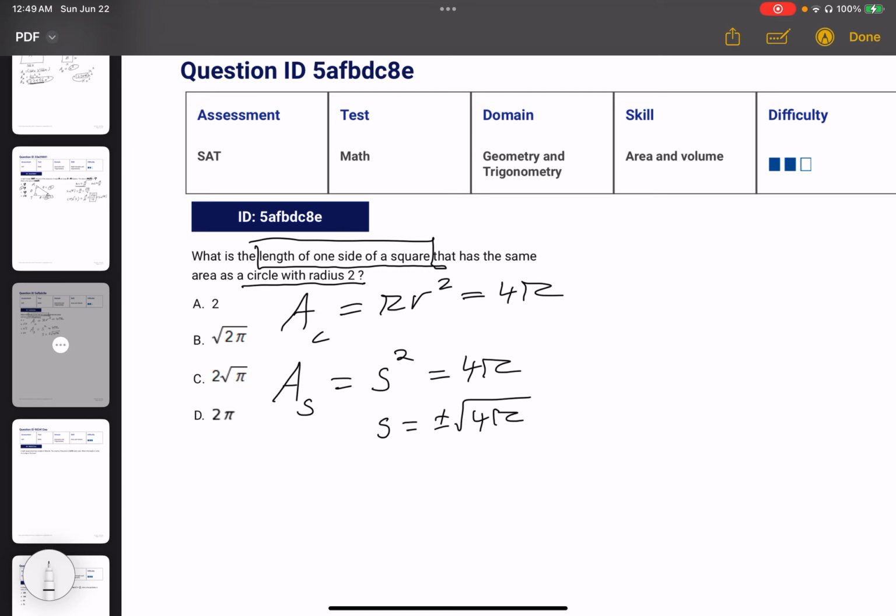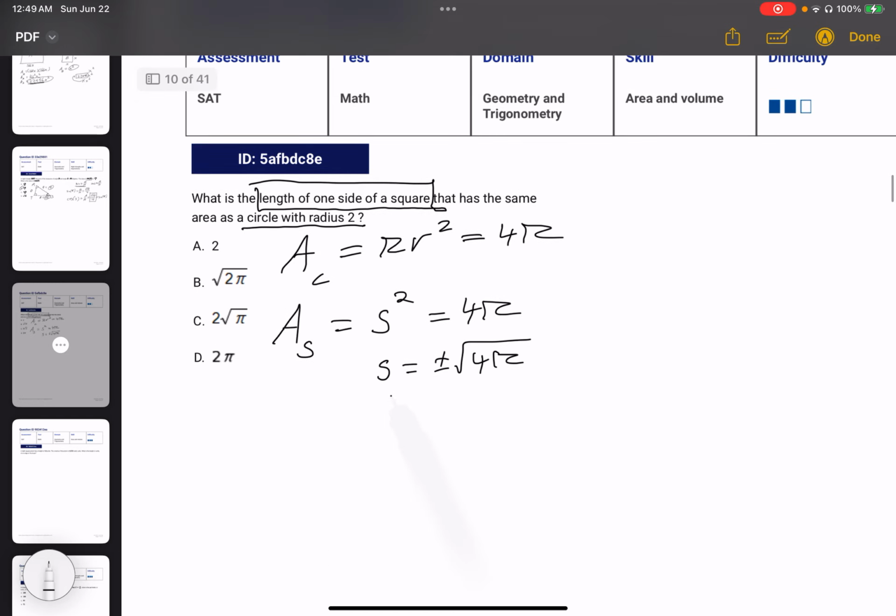Oh, that glitched out there. Okay, and then we have to only consider the positive value. And then we look at our answer choices and we realize, oh, can't be that. It has a square root for sure, but none of our answers are there.